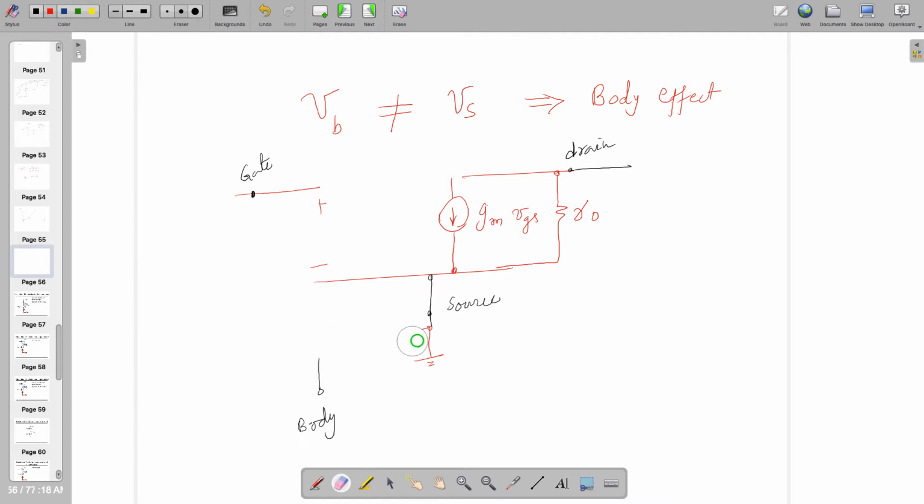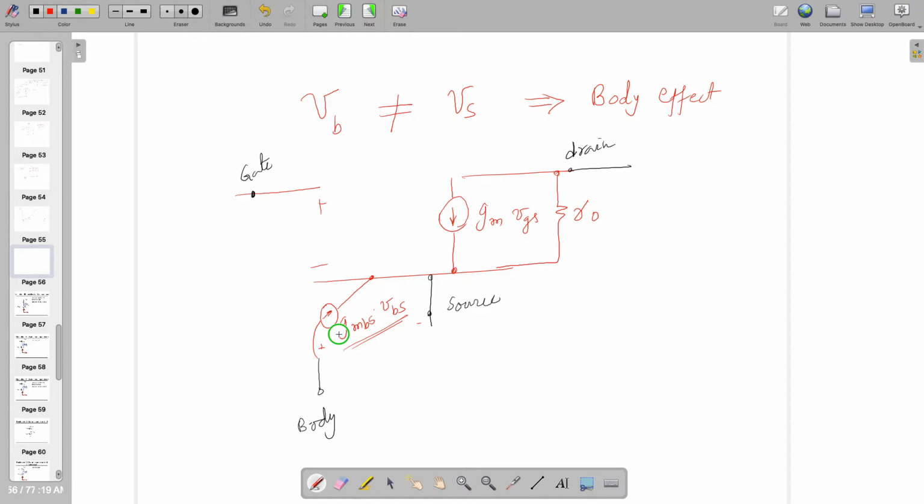But if this is not the case, then body will also contribute some more current whose name is GMBS times VBS. I'm not going into the device equation, it's a little bit lengthy, but this current equation will be part of another course, the device course.